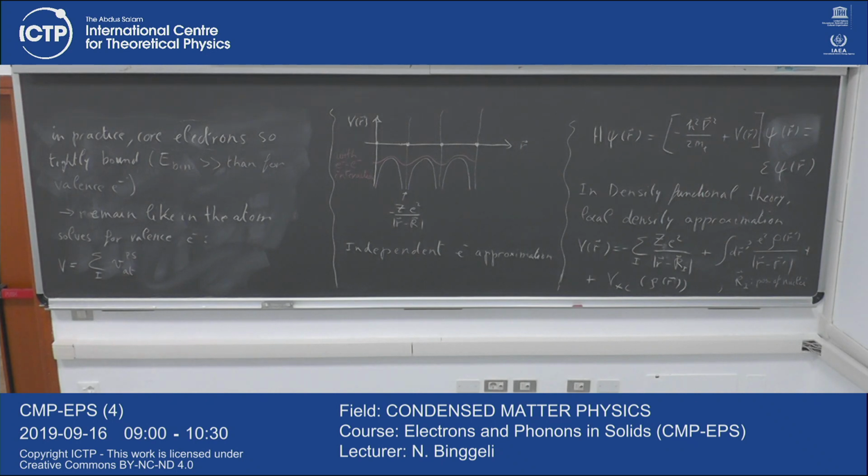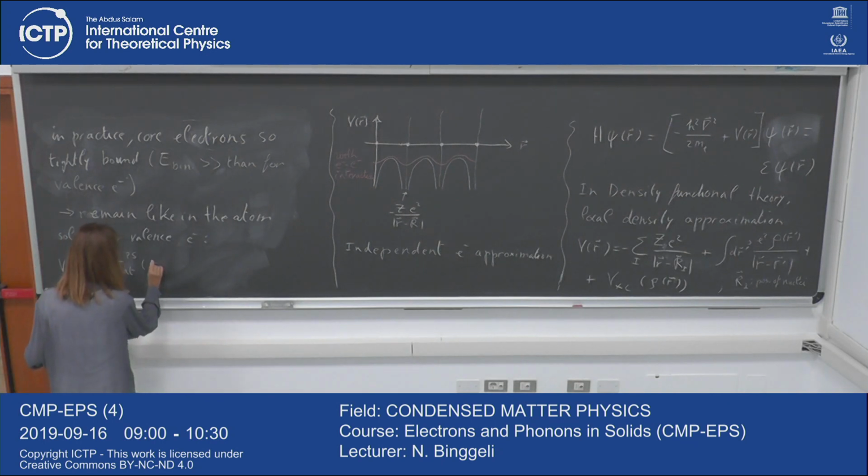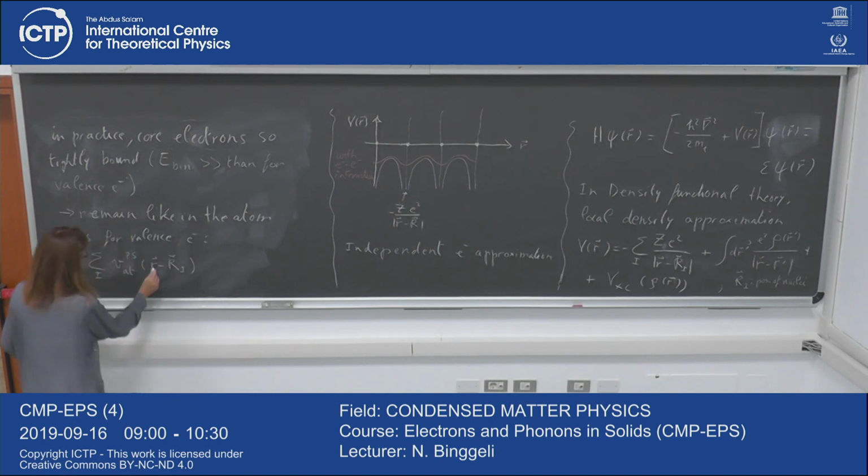That is the overall potential that is created by the nucleus and the core electrons on the valence electron. So this also depends on R minus the position of the atom.